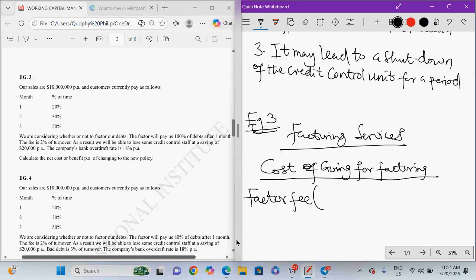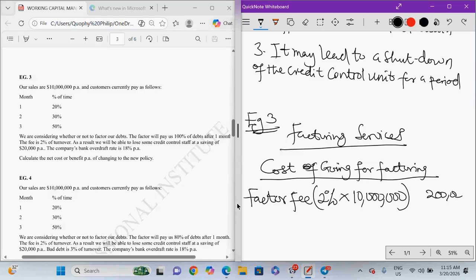Please, let's do this together. What is the factor fee? 2% of what? Sales, which is 10 million. So 2% of that will give us what? 200,000.